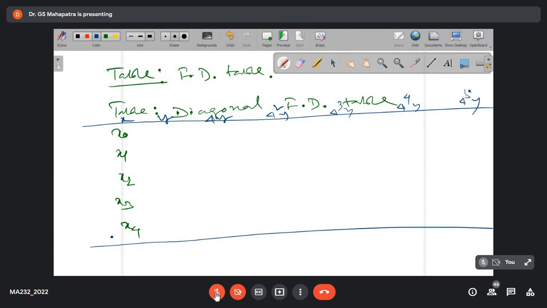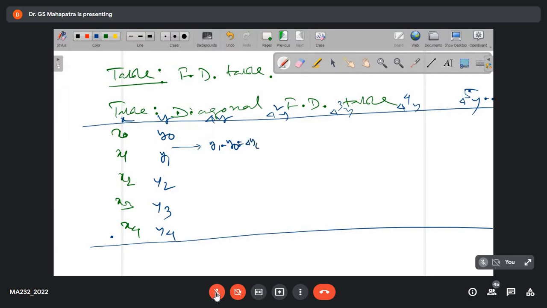You can find, and so on. Now the respective values are say y0, y1, y2, y3, y4. So what will be the first difference? You place it in the diagonal table, in between, in the middle, so you put here y1 minus y0, and the notation is del of y0.